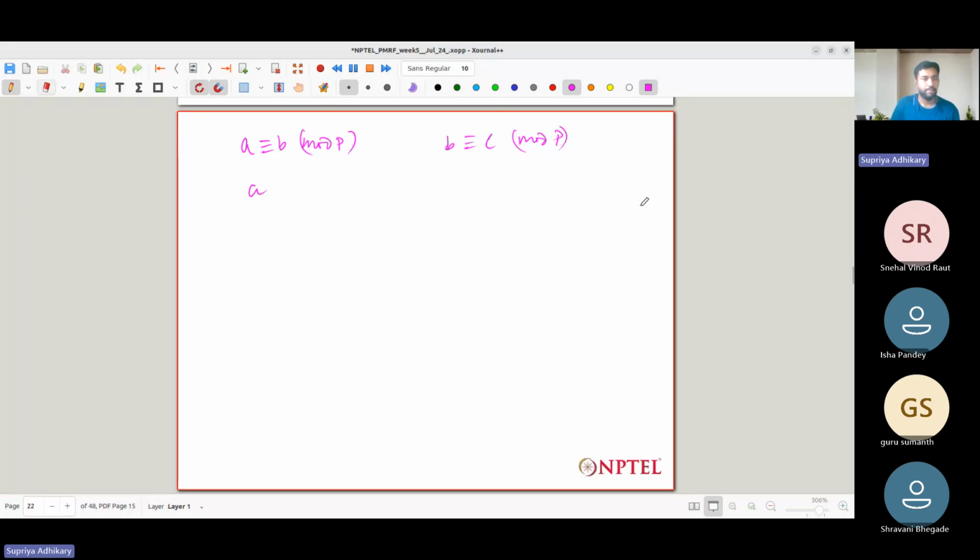So this means that b minus a is divisible by p, and this means that c minus b is divisible by p. So we can write this b minus a as a multiple of p for some integer k. And over here we can write c minus b is also a multiple of p for some integer, say n.